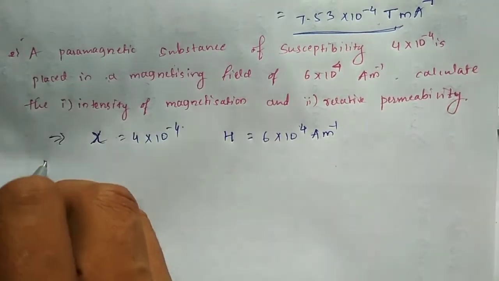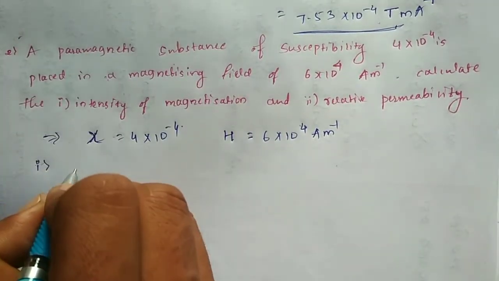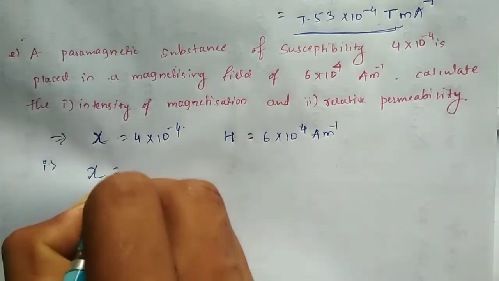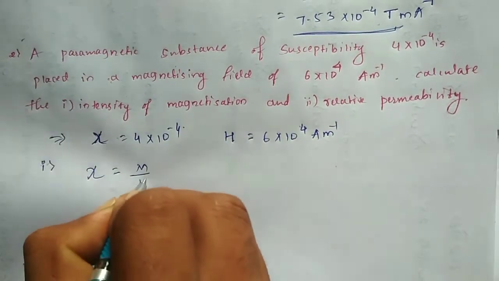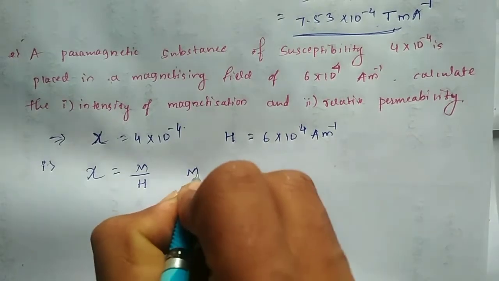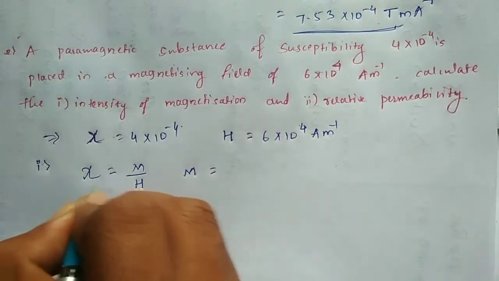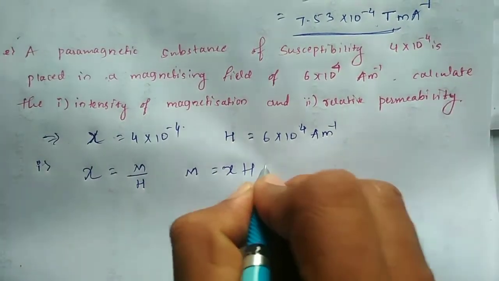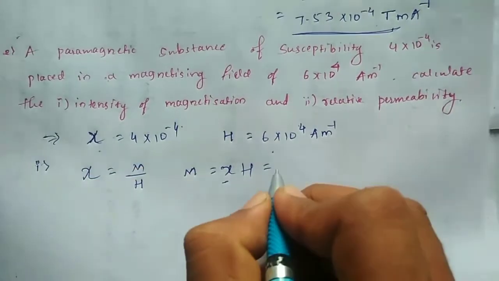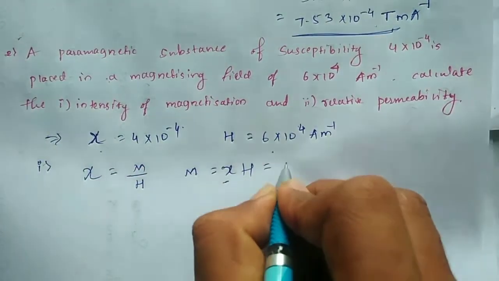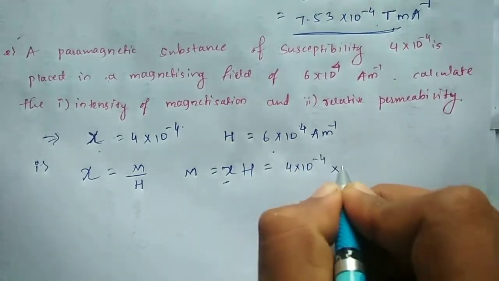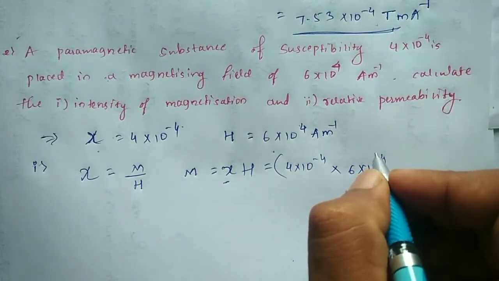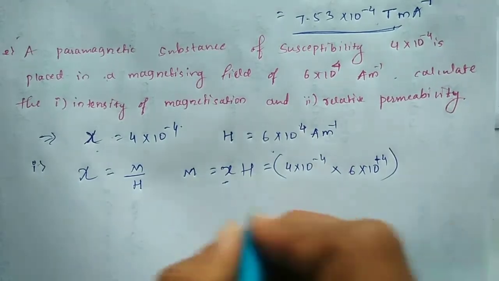First, the intensity of magnetization. Note that magnetic susceptibility X is M divided by H. So M equals X into H. We know the X value and the H value: X is 4 into 10 to the power minus 4 and H is 6 into 10 to the power 4.